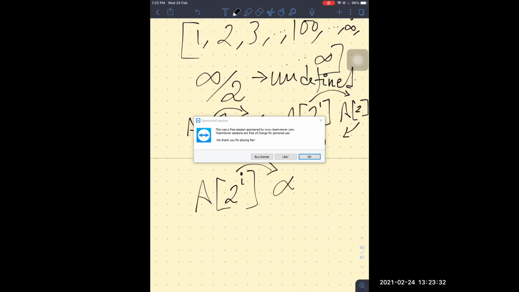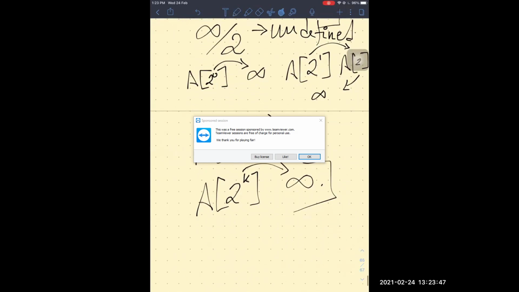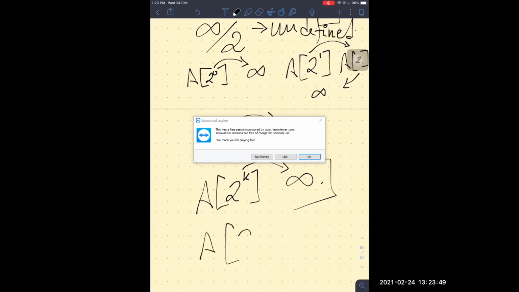Then again, if you hit infinite, you stop. Otherwise, suppose at a2 to the power k, you get infinite. Then you stop there. That means that a2 to the power k minus 1 is not infinite. It was some integer, right?